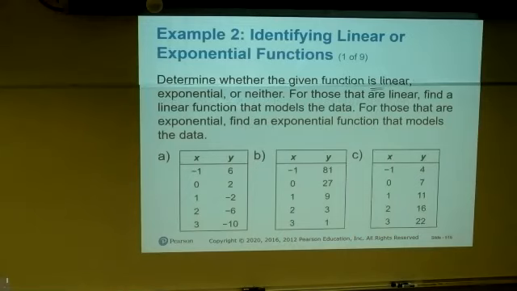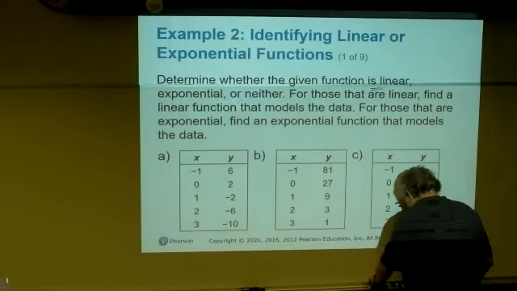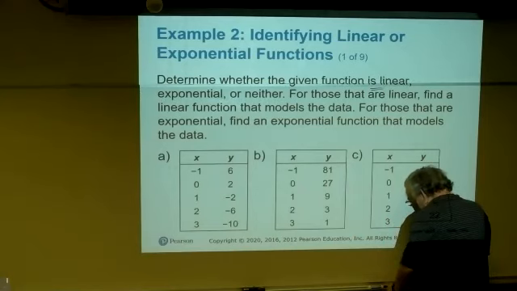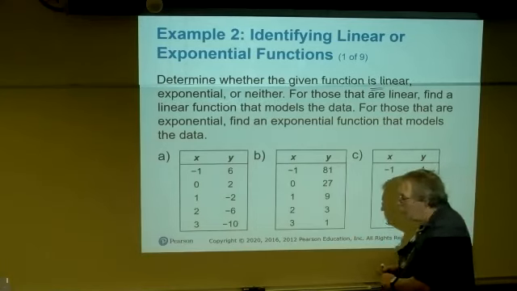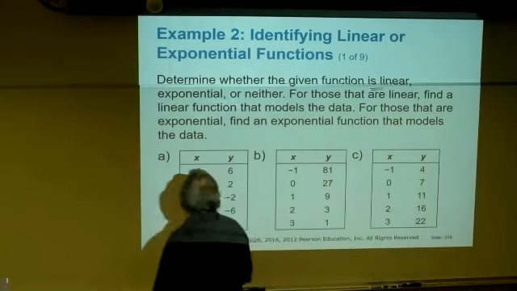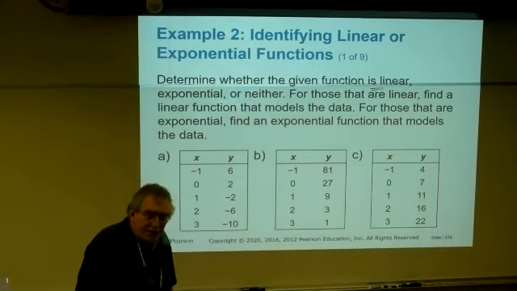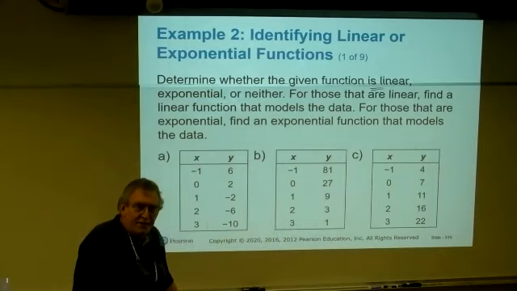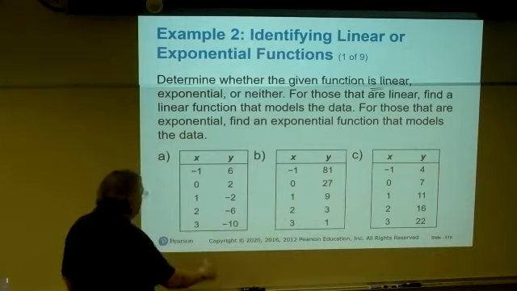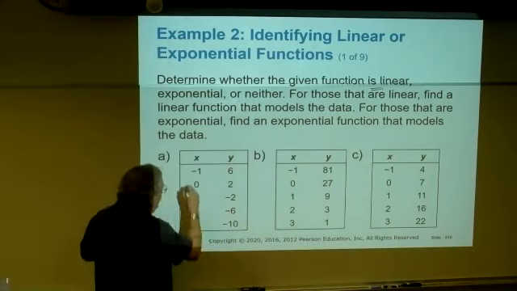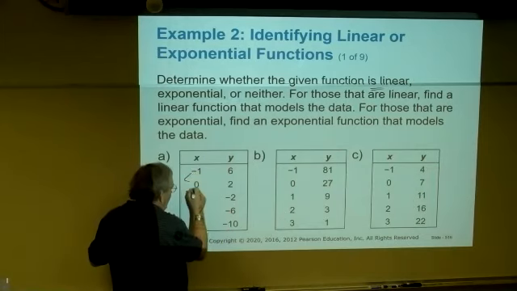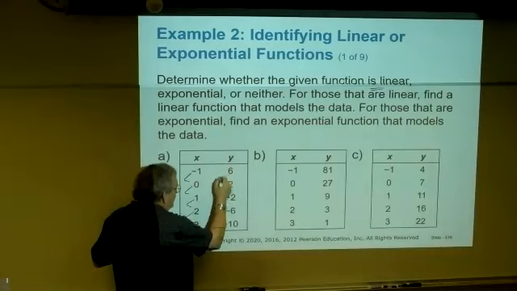Now, we want to determine if these are linear or exponential or neither. Since they have 3 examples, guess what? You have 1 of each. So to do this, we look at our average rate of change between consecutive outputs.